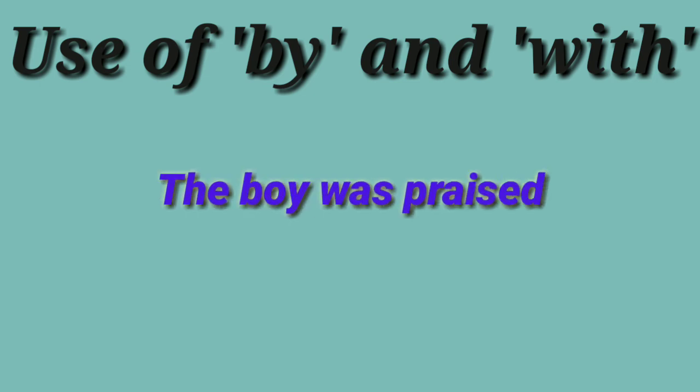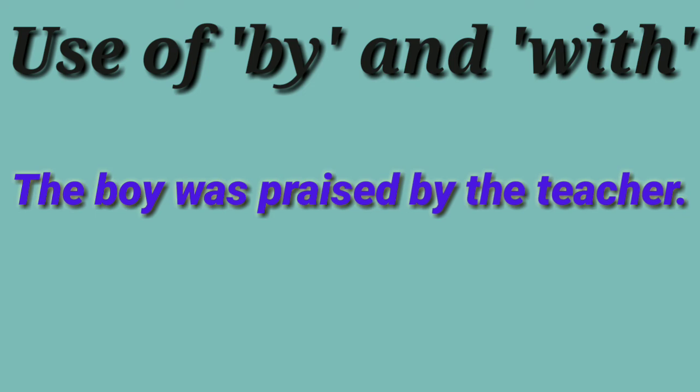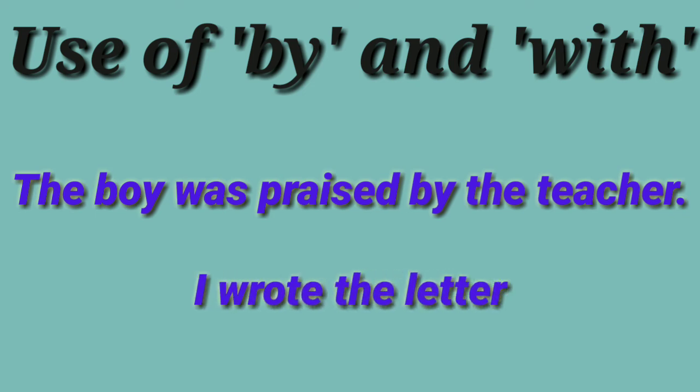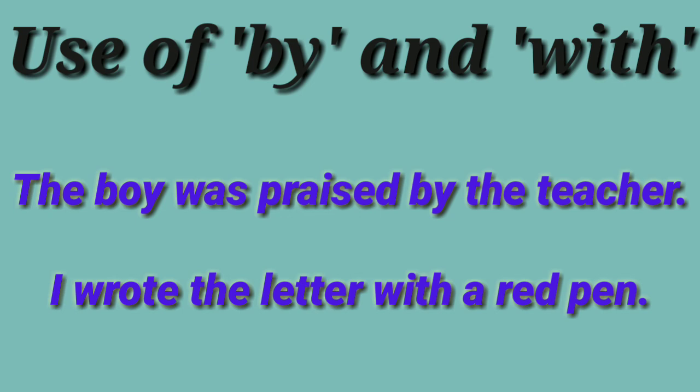Now, the use of by and with. Look at these sentences. The boy was praised by the teacher. Here, by indicates the person or thing that performs the action. And in the second sentence, I wrote the letter with a red pen. Here, with indicates the thing with which an action is done.